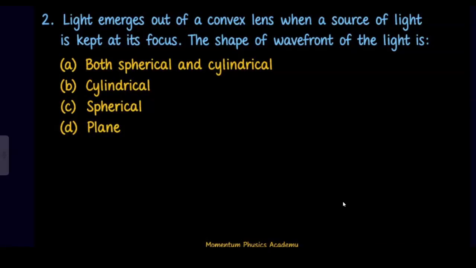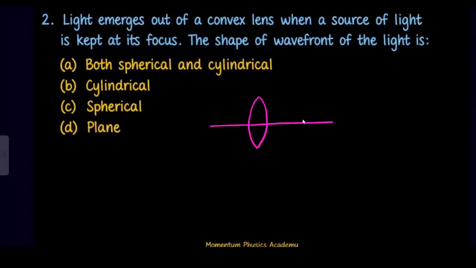If it is for a long distance, if the distance is very high, what type of wavefront can it form? Plane wavefront. So when the object is at focus, the image will be formed at infinite distance.